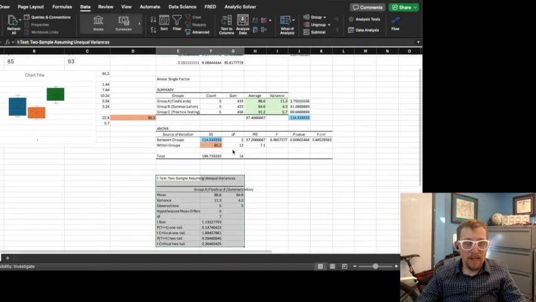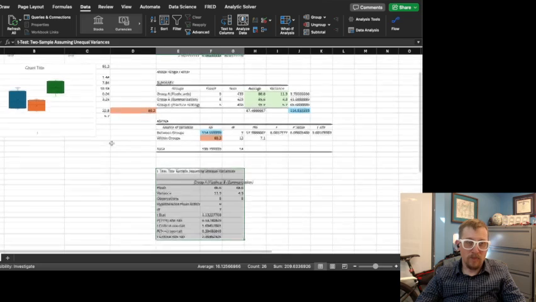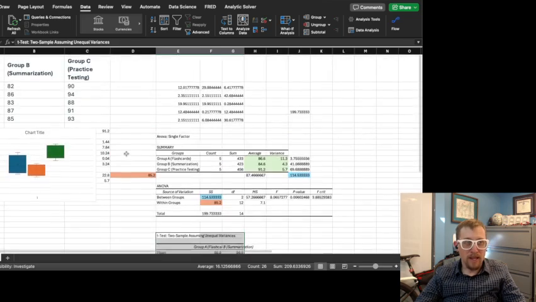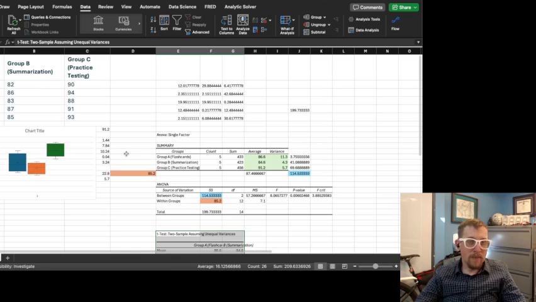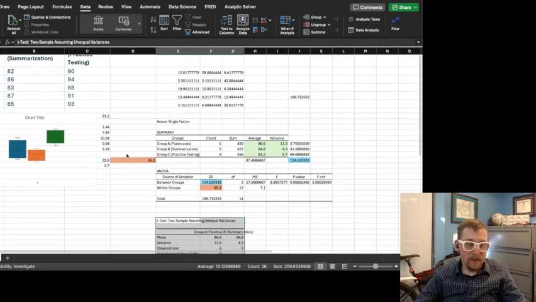So anytime I'm running multiple tests, my alpha tells me that I have this chance that I reject the null hypothesis when actually the difference was just due to random chance. And so if my alpha is 0.05, there's always a 5% chance that happens.